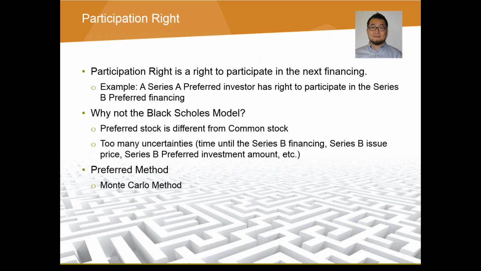For example, we have to talk about time until the Series B financing and what the expected issue prices or the investment amount during Series B are when it happens. So you could apply a lattice model, but actually I think the better method in this instance would be Monte Carlo simulation, where you can capture all those different scenarios and parameters and see how they interact at the same time.